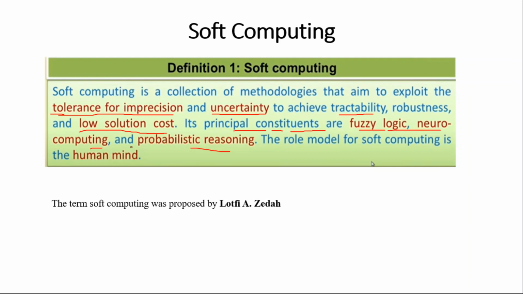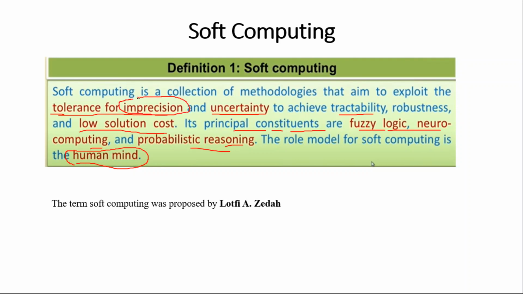Soft computing is achieved using these techniques. The role model for soft computing is the human mind, because this is how the human brain works. The human brain does not always work based on hard computing. We don't want an accurate result. We want a result which is highly likely to be correct.